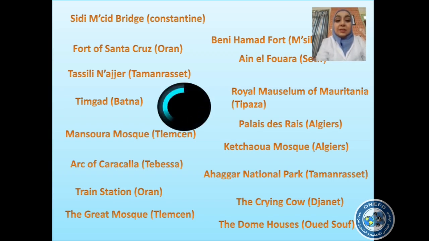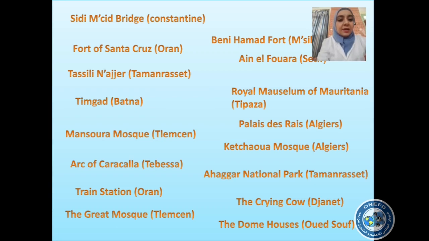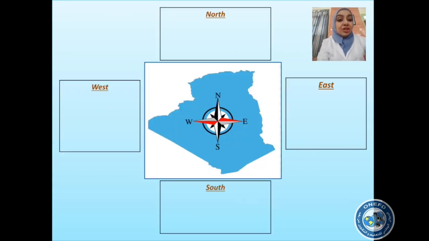Okay, are you ready? The timer will count down, it will start. It's counting down. And up. Okay, let's see the correct answers. Where are these landmarks located in Algeria?